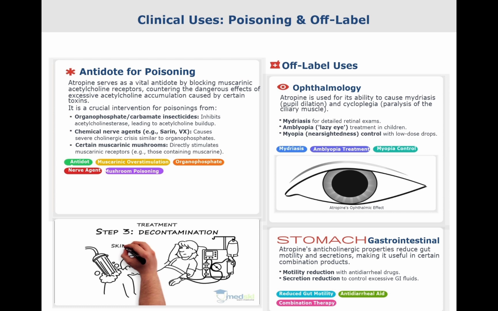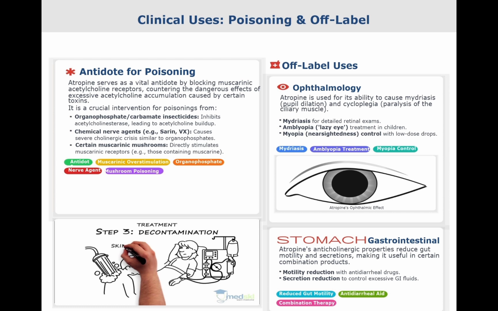In addition to these approved uses, atropine has important off-label applications. Like in ophthalmology, it is commonly used in eye drop formulation to induce mydriasis or pupil dilation, which is essential for comprehensive retinal examination.